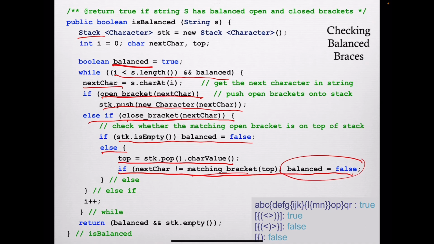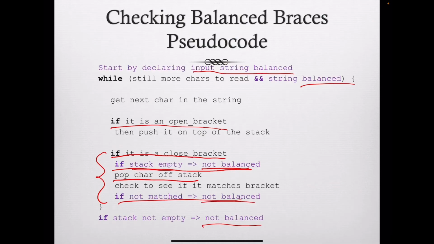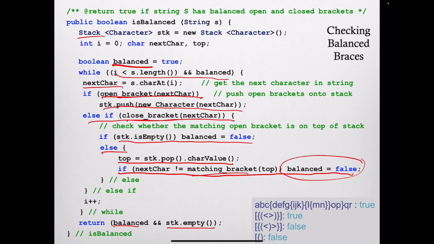And then after the loop has finished, we're going to return balanced and stack.empty. And so this means that we're going to check to see if the stack is empty. And if it's not empty, then it's going to return false, or if balanced is already set to false, then it's going to return false. But if both are true, it's going to return true.